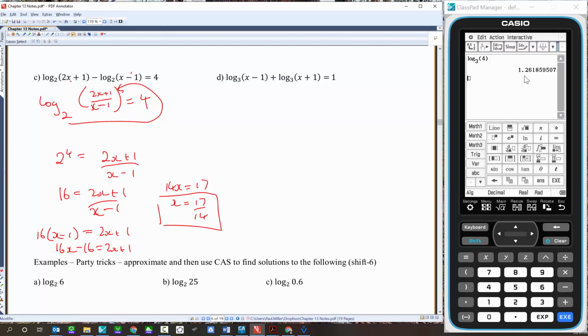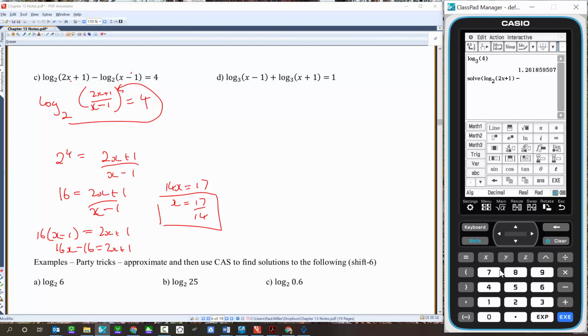So let's do one on the calc. We'll do that one. Solve. Now, the log can be accessed by doing Shift and 6. Try that again, Shift and 6. We've got 2x plus 1, take away Shift and 6. Why isn't that working? Shift 6.